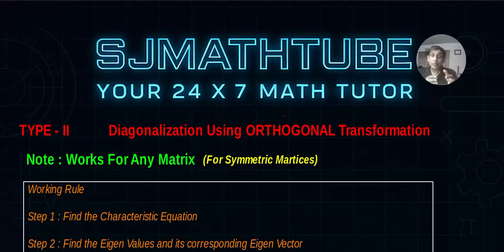Now, suppose the given matrix is symmetric. What do you mean by symmetric? You read any matrix row by row and write it column by column. Then if you see that both are the same, that is, if you transpose a matrix and you find that it is the same as the given matrix, that is called a symmetric matrix.